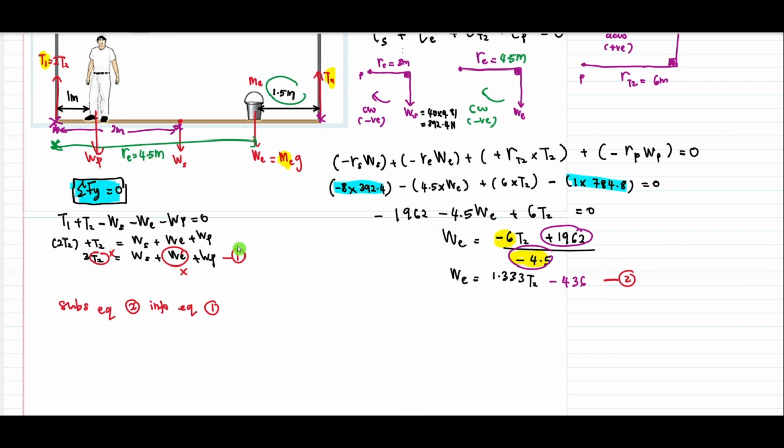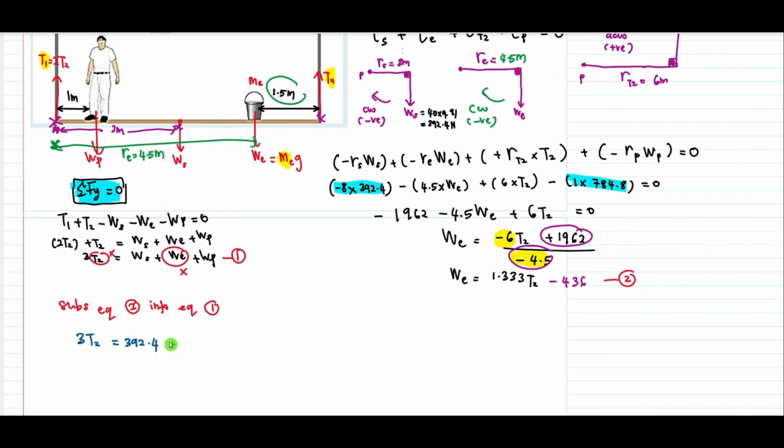So this is equation number 1. Let's substitute. 3T2, unknown, just put it, equal to WS, the weight of the scaffold we calculated earlier, 392.4. And then plus the weight of the equipment.